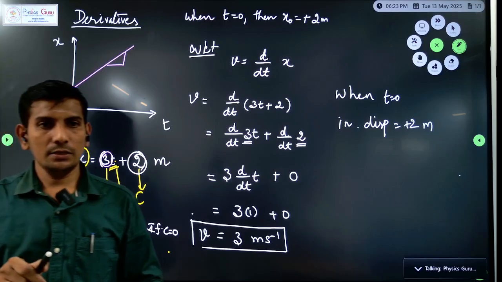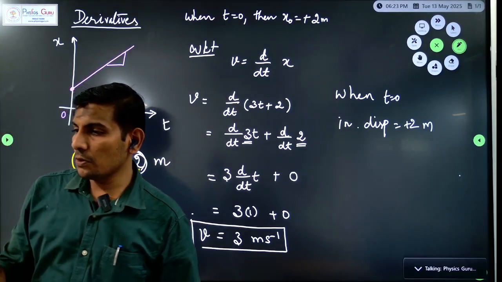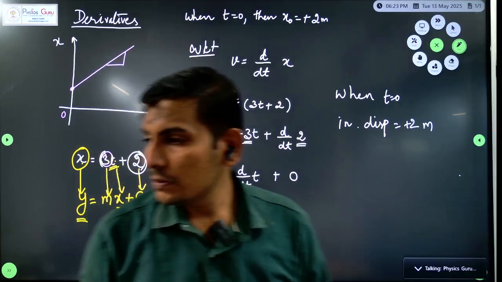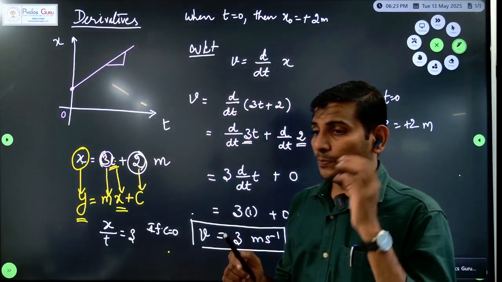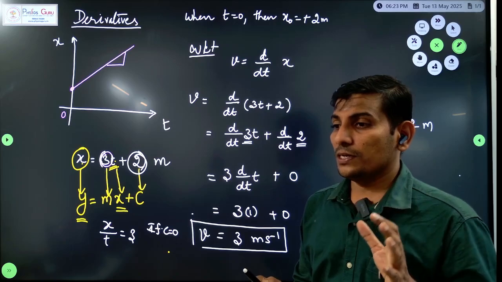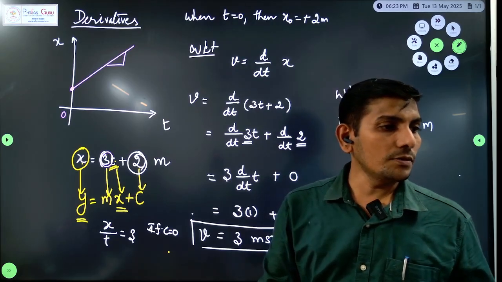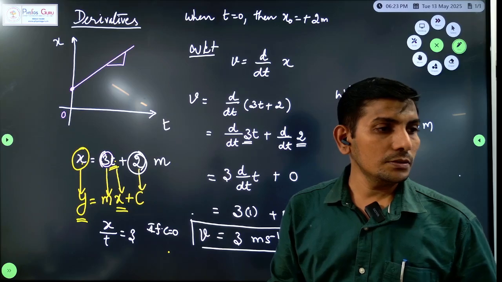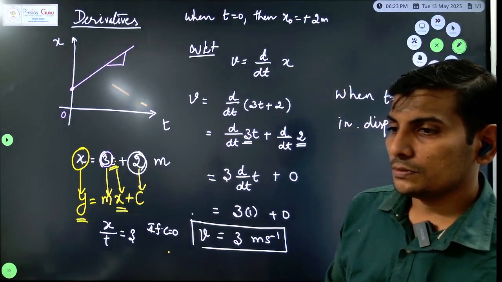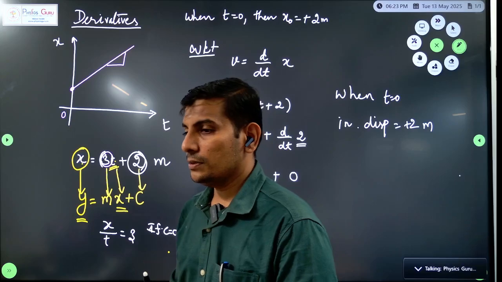Are you aware of that? Write that down. If you don't know, just note that down. The maximum power of the equation is generally called the order of the equation. Noted?